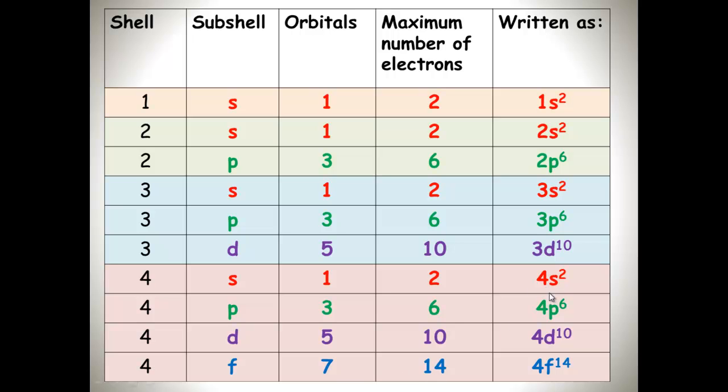And this is why it's written 4s², the 4th shell, the s subshell, and 2 electrons can fit in that. The 4th shell, the p subshell, 6 electrons can fit in that. The 4th shell, the d subshell, 10 electrons can fit, and the 4th shell, the f subshell, 14 electrons can fit.